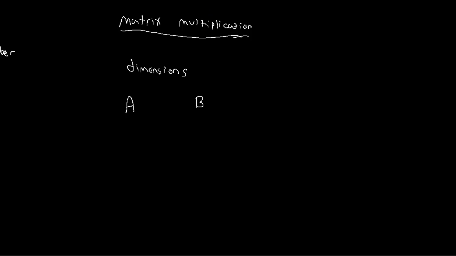Matrix A, which is a 3 by 2 matrix, and matrix B, which is a 2 by 4 matrix, 2 rows, 4 columns. So again, we're not going to do any actual multiplication, but what would the dimensions of AB be?